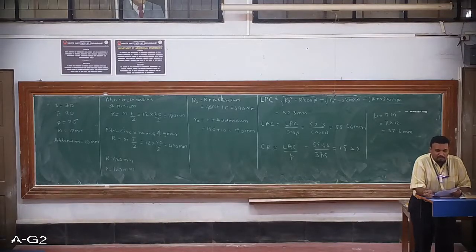The circumference of the pinion is given by 2 pi into the radius of the pinion. Substitute that, and you can get the angle turned through by the pinion.